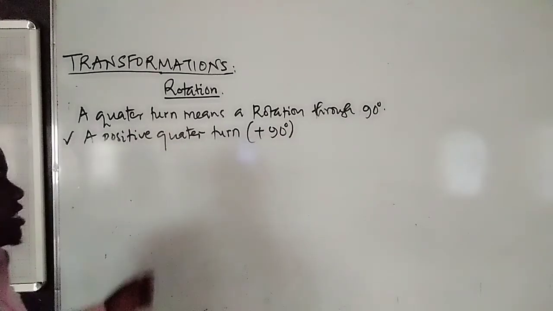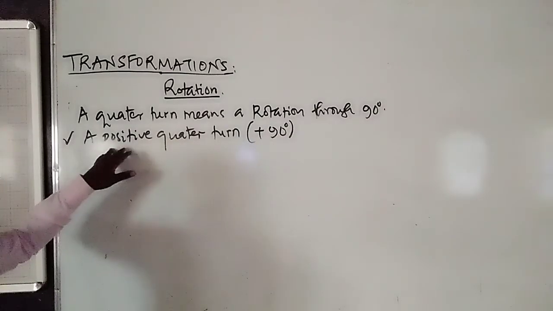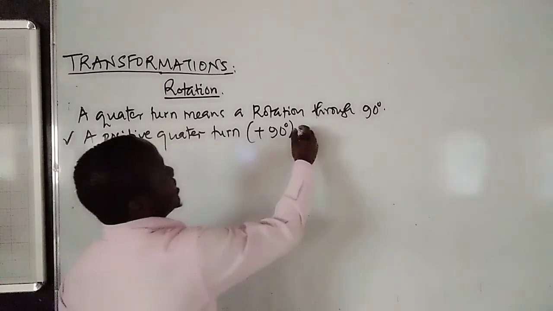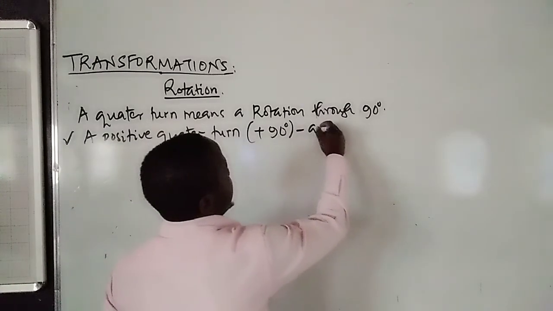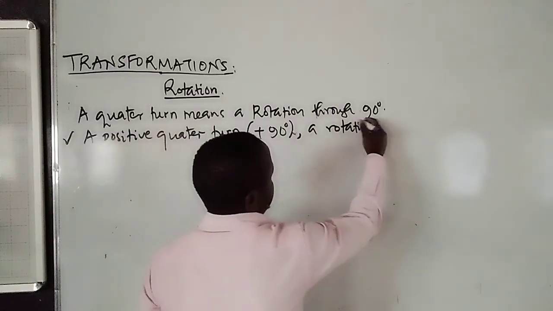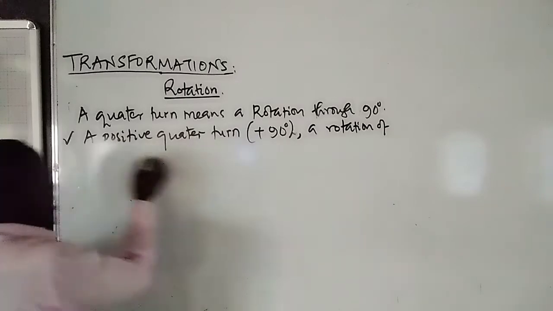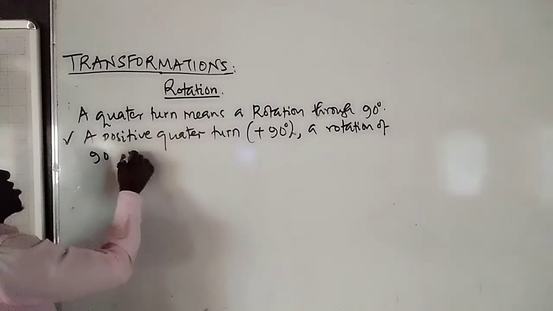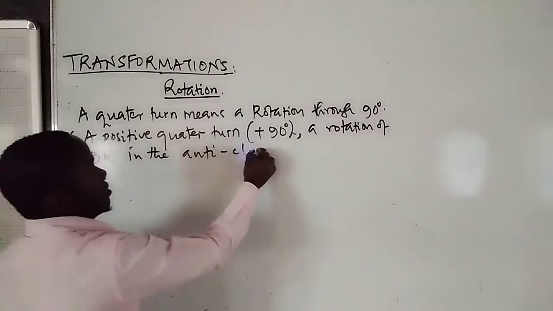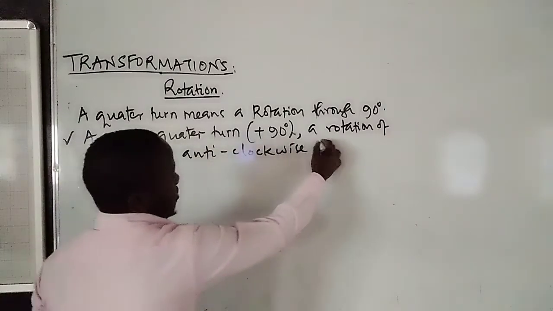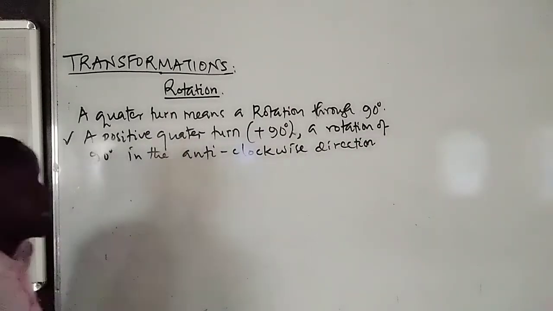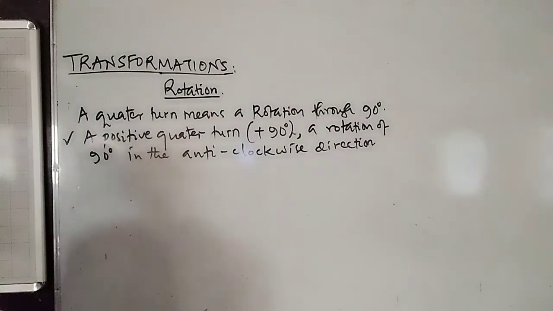So when you're told that an object has gone through a positive quarter turn, or a positive 90 like that, it means a rotation of 90 degrees in the anti-clockwise direction.